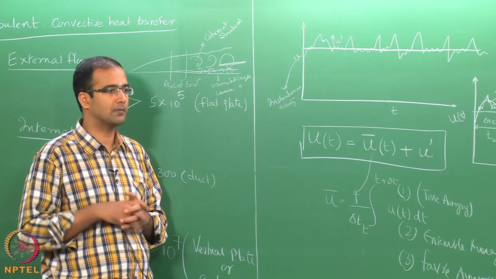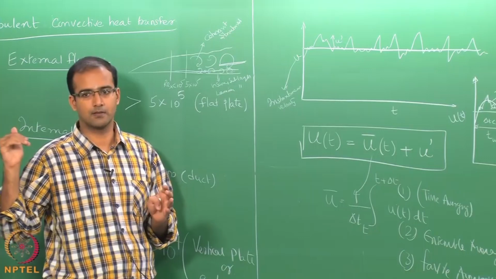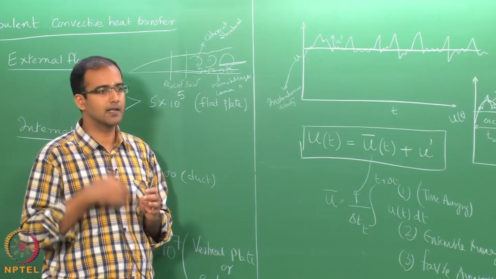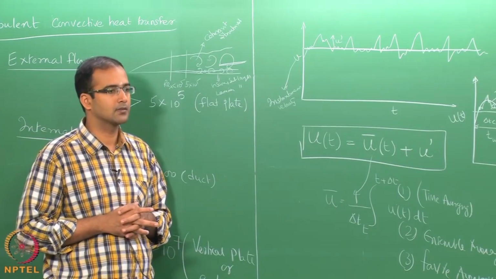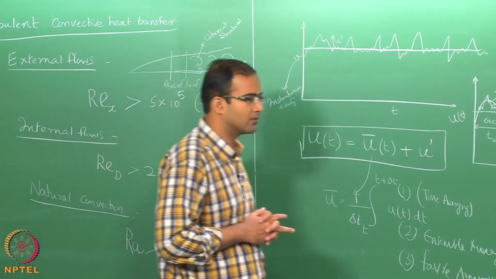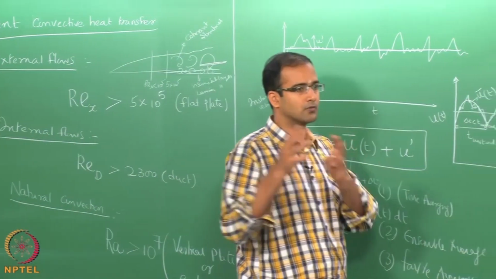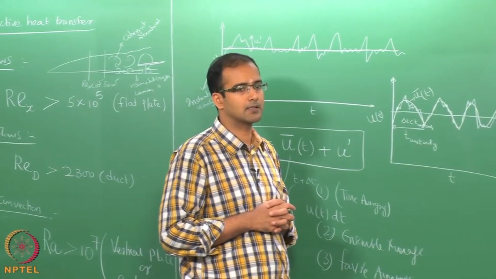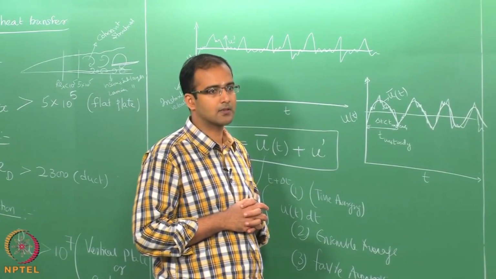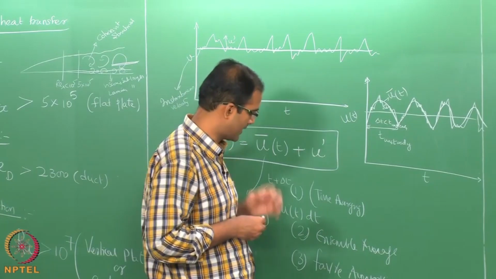The density as a property is constant, whereas in a compressible flow, the density also has fluctuations. Therefore, we have to average rho u, for example, in compressible flow, not just u. This is called Favre averaging, which we will not be worrying about here.